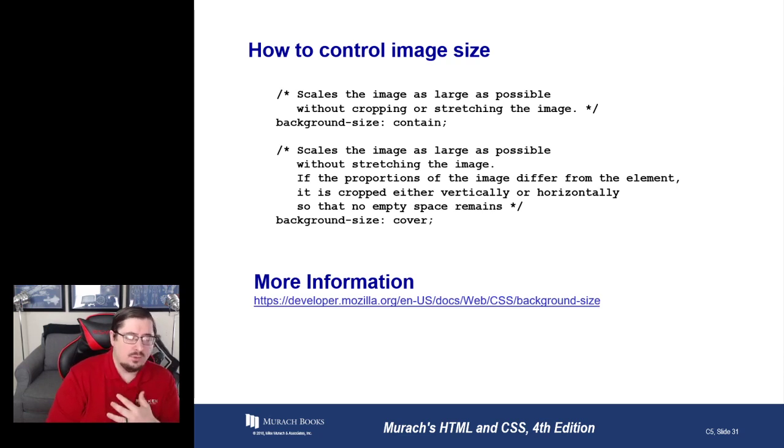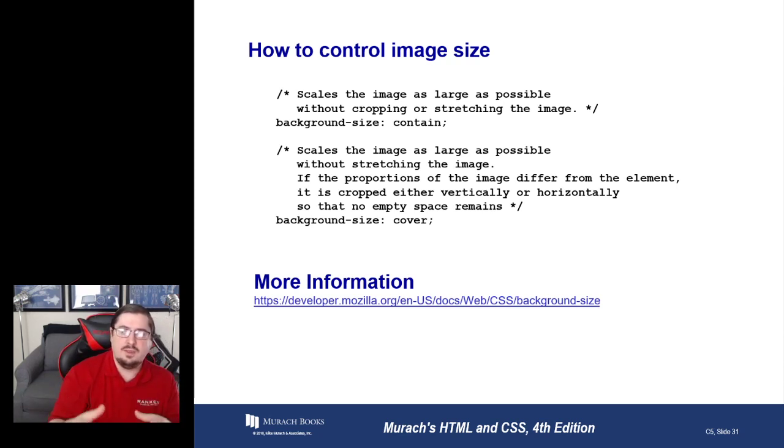Okay, so what contain does, if you set the background size to contain, it'll try to scale the image up or down as big as it can be, as long as it is contained in that box. So none of the image data will be lost. It won't be off the top edge, bottom edge, left or right.